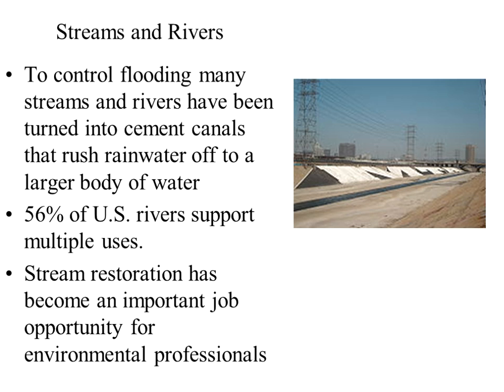In the course of doing that, the water goes faster, and more water is actually pulled out of the system, and then it's not available for other beneficial uses for wildlife and for plant communities, but people as well. So stream restoration has become an important opportunity for environmental professionals, and many cities are rethinking this policy.